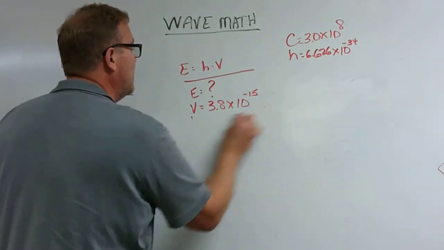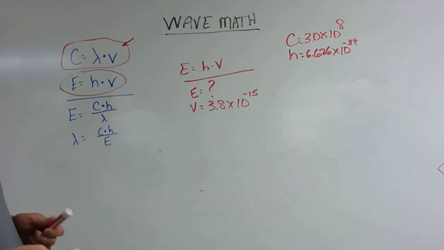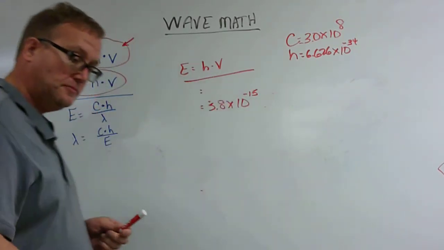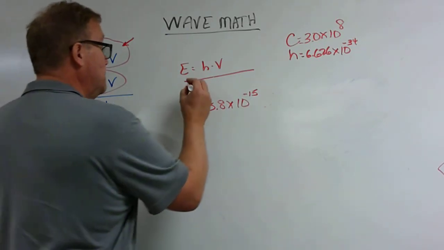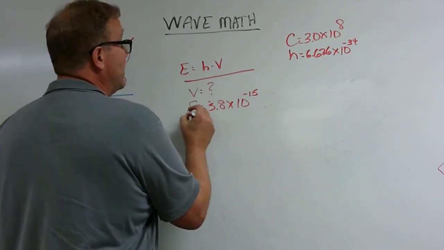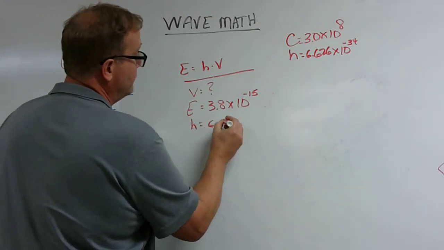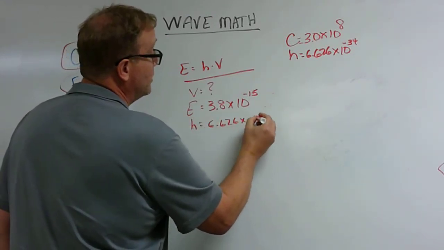If I switch it around, let's say I want to find my frequency. And this is my energy. Again, my Planck's constant is 6.626 times 10 to the negative 34.